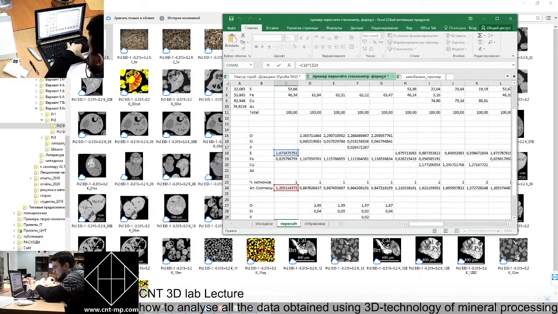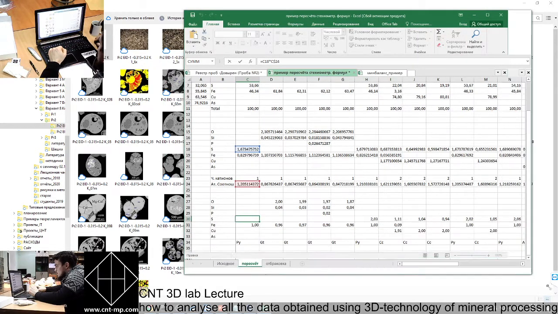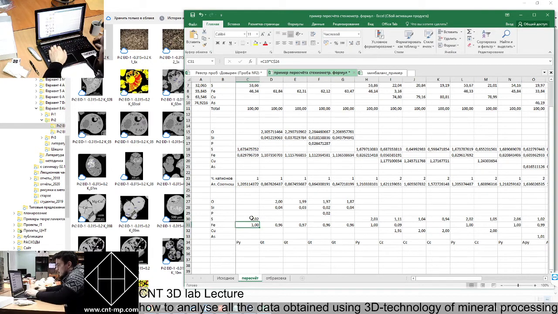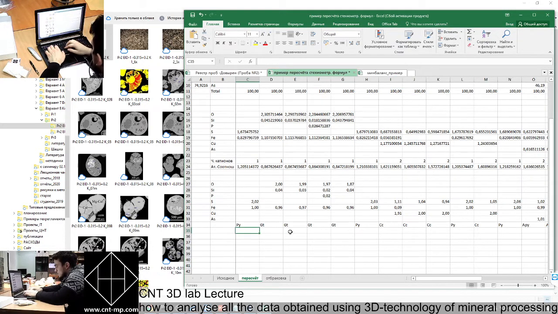Sorry, I just forgot that it maybe was unseen because of my camera. Alright, so as you can see, we receive in the end the indexes of elements, and now we can check how good we did our counting. So as we know, for pyrite, the stoichiometric formula is iron sulfur 2, and we see almost the same in our results.